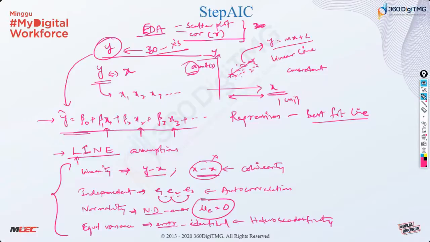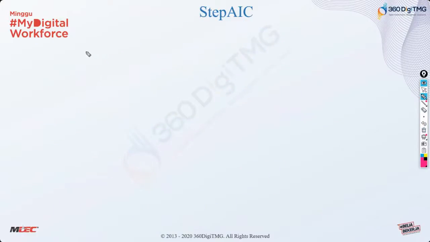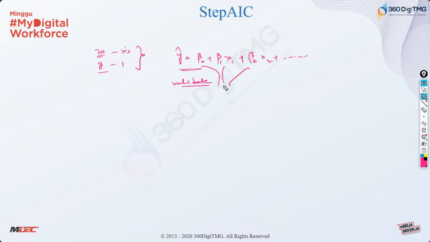So let me erase this. And when you are developing your linear regression with those 20 input variables, one single output variable, you get that lengthy equation. Now in this equation, of course, we have to validate the model. I mean, we need to evaluate the output. The coefficients that we are getting have to be significant.